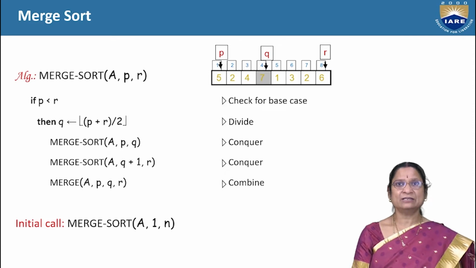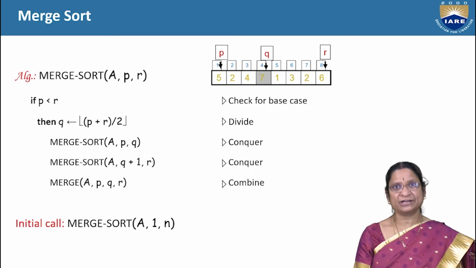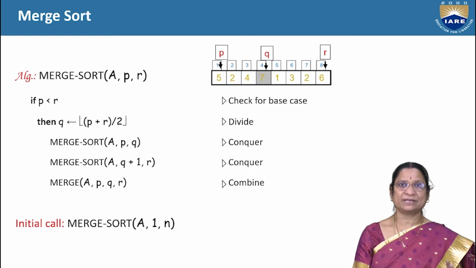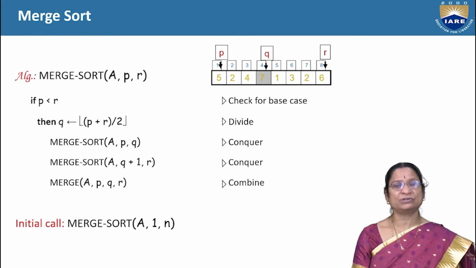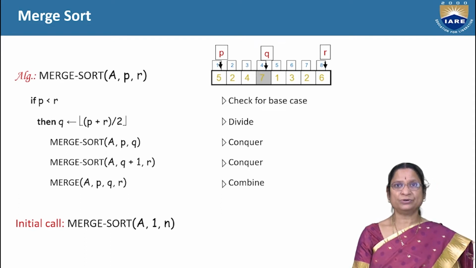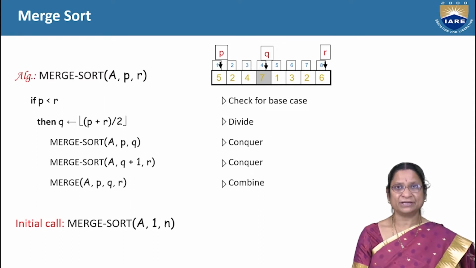What we are doing, the main concept, is to divide your array into two sub-arrays. Again, apply the same process to the two sub-arrays, and so on and so forth, until each sub-array consists of a single element. So that's why we are considering Q. How to divide? Q is going to be floor of (P plus R) by 2.